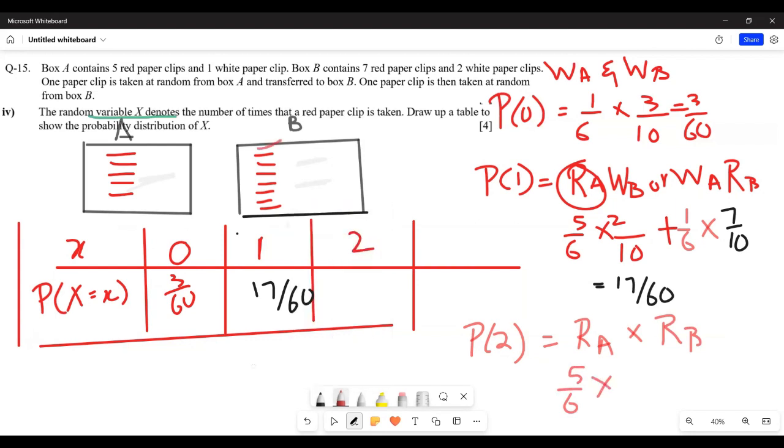So it's 1 2 3 4 5 6 7 8 red upon a total of 10. That's 40/60. So this would be 40/60, and notice that the sum is coming out to be 60/60 of the bottom row. So that means this is correct.